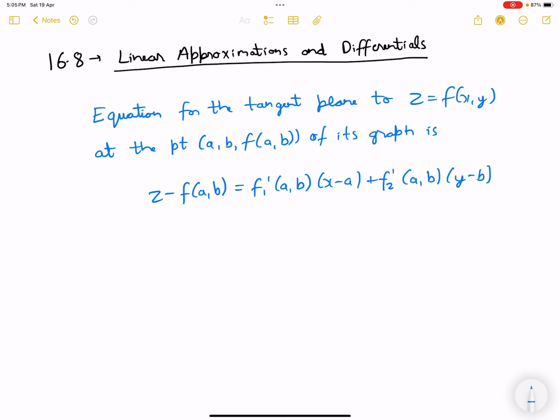So this can be written as z equals f(a,b) plus f1'(a,b)(x minus a) plus f2'(a,b)(y minus b).